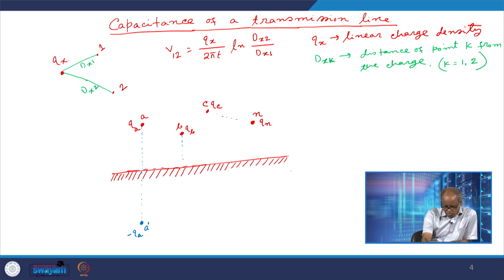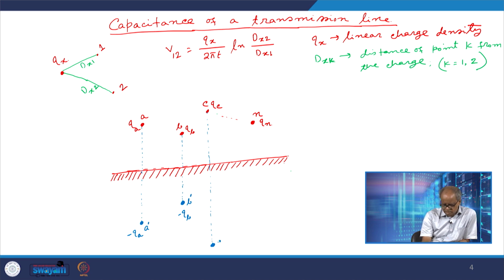Similarly, for charge B, we have got this. So it is B dash, it has got minus QB. For charge C, it is somewhere here, and this distance will be equal to this distance.